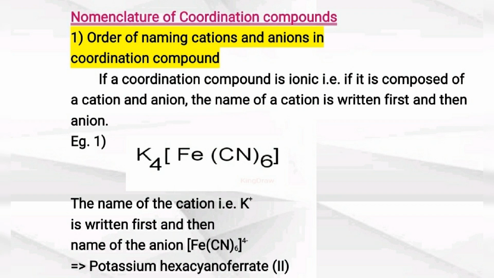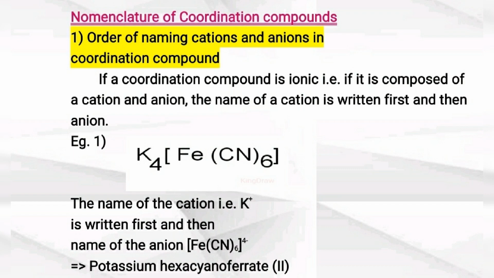First point is the order of naming cations and anions in a coordination compound. We know that complex ions are present in a coordination compound, so both cation and anion can be present. While writing the name, it is made up of cation and anion.